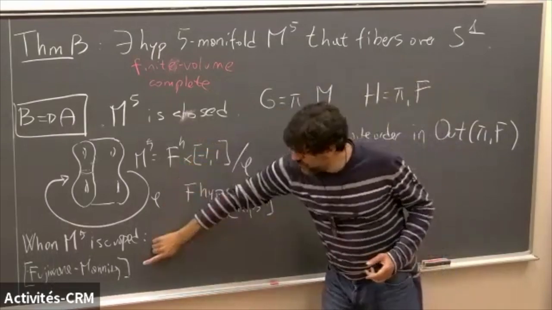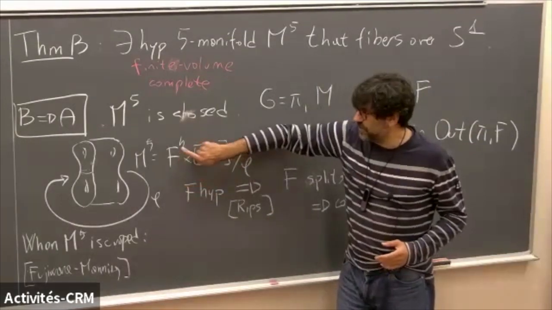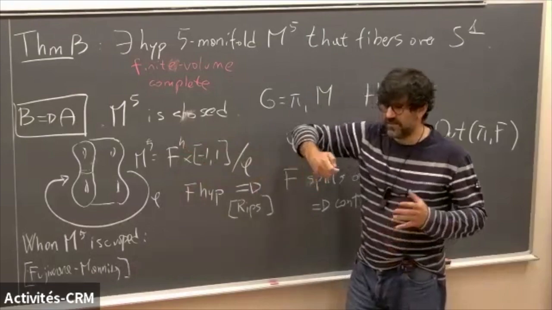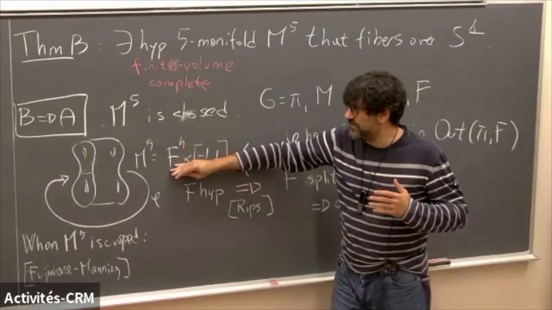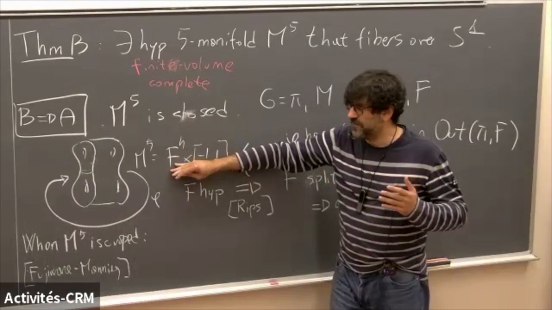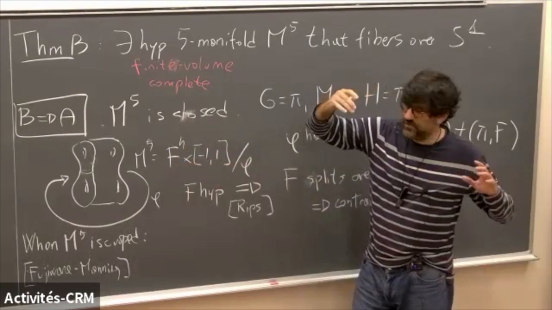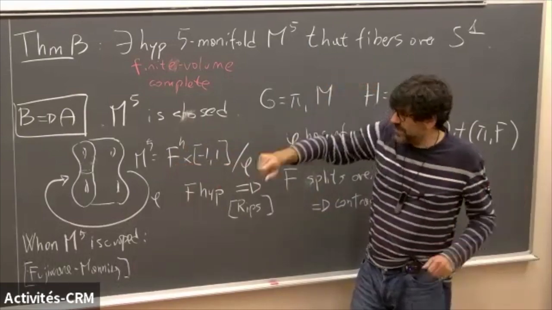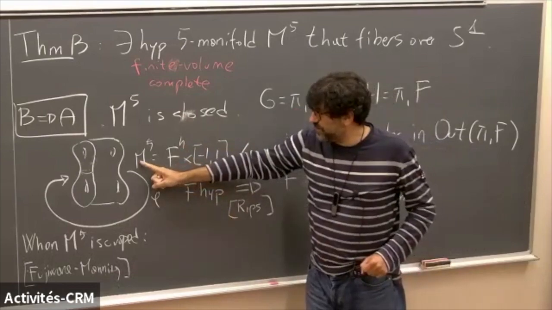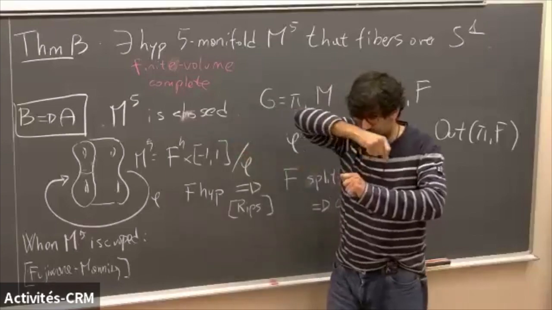So using this theory, you can quotient every boundary component of F. So F is a fiber manifold. Typically the boundary of F will consist of a few 3-tori. So you can quotient every such 3-torus to a point. And in particular, every boundary component of M will be quotiented to a circle. Okay, so you actually have the circles.